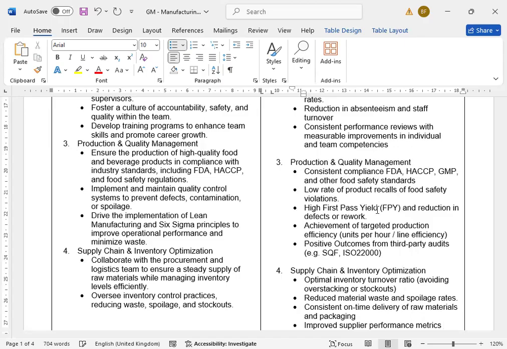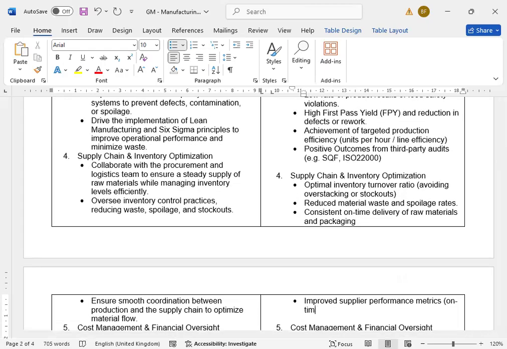Then what I'm going to add here: on-time delivery, quality ratings. All right.